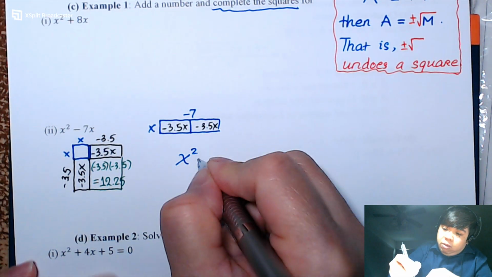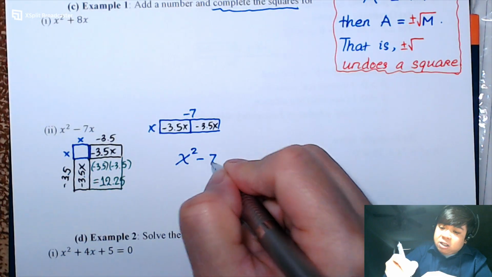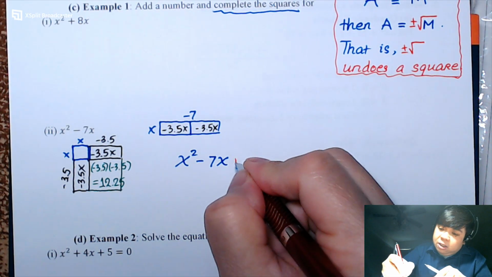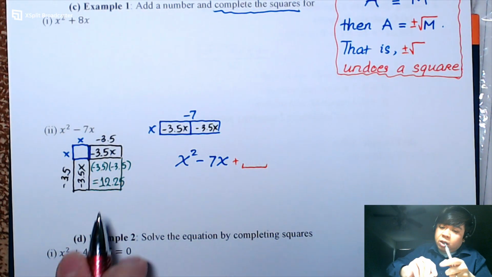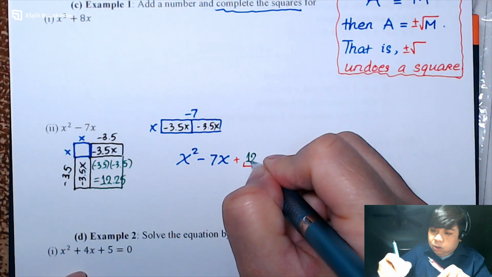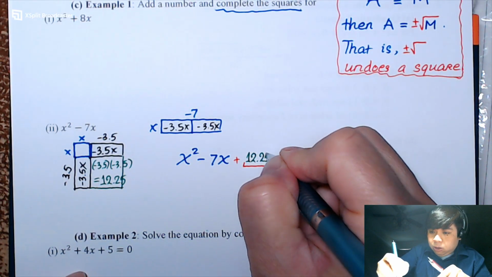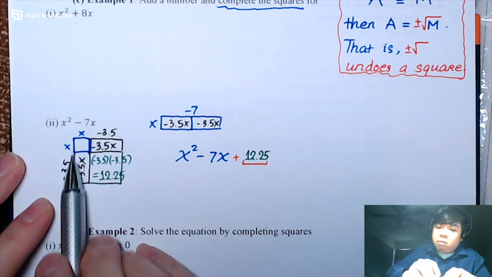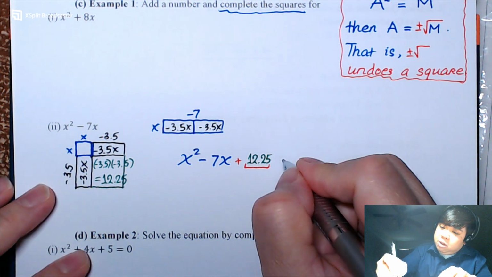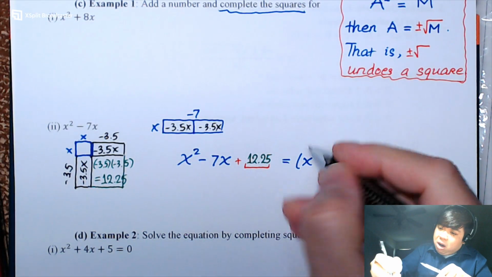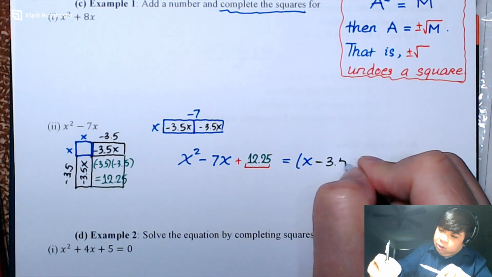So that is x squared minus 7x. If we add 12.25, we're going to have a square of x minus 3.5 by x minus 3.5. So that is x minus 3.5 squared.